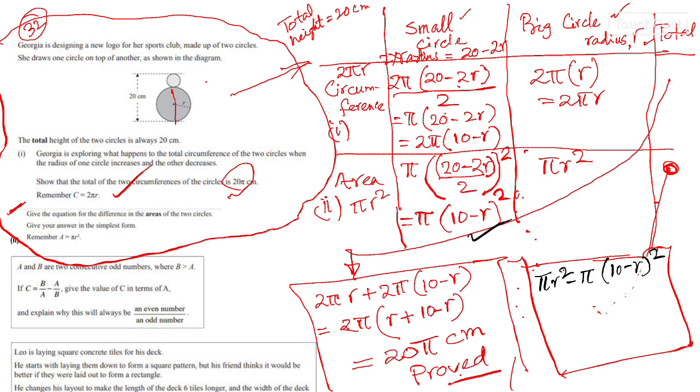And then I got to simplify, go pi r squared minus pi, I expanded it, that would have given me 100 minus 20r plus r squared, and if I expand it and simplify, that will give you 20 pi times r minus 5.